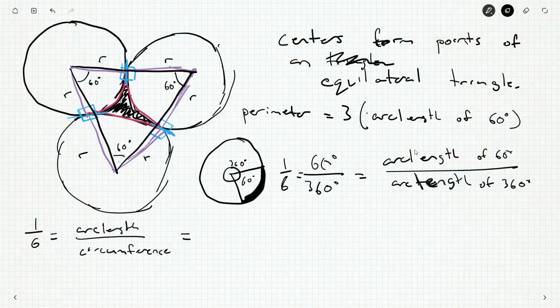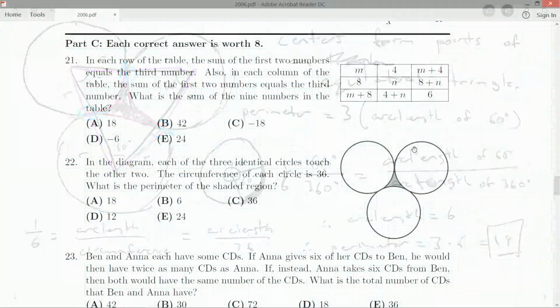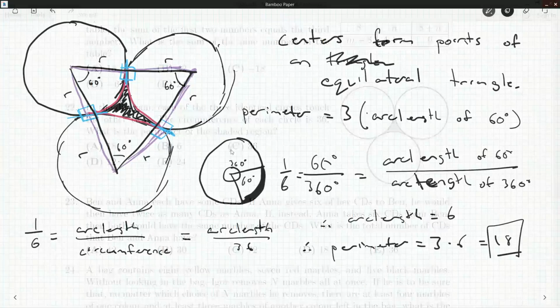But I was told the circumference is 36. So rearranging, our arc length is 6. 36 over 6 is 6. So the perimeter of the shaded region is 3 times 6, or 18. And 18 is the first one, A.